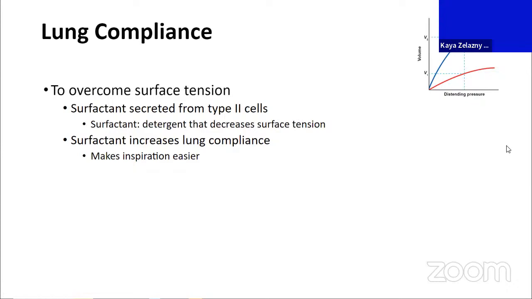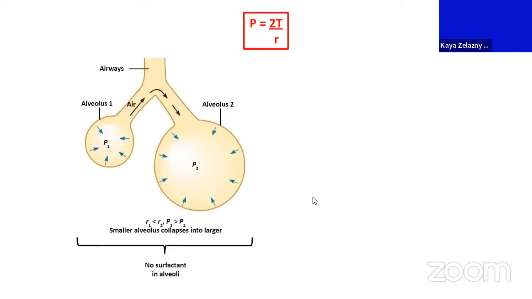So we like surfactant. Surfactant decreases the surface tension inside the alveoli. And if we've got enough of it, it's making inspiration easier because it's increasing lung compliance. So I want to think about that from a picture view.